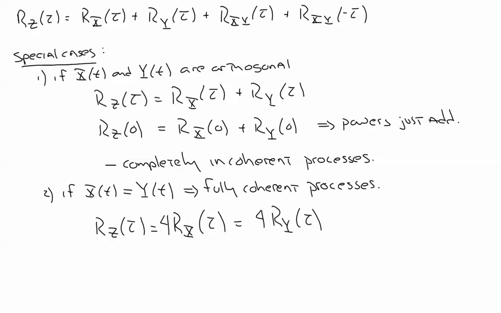My autocorrelation terms are always even, meaning that they are mirror images of one another about the tau equals 0 axis.